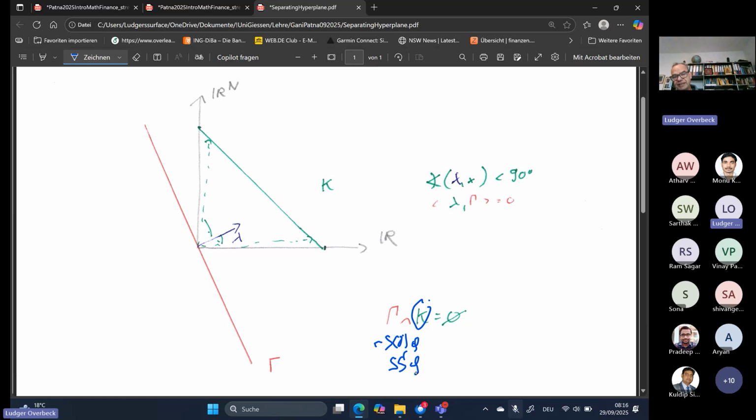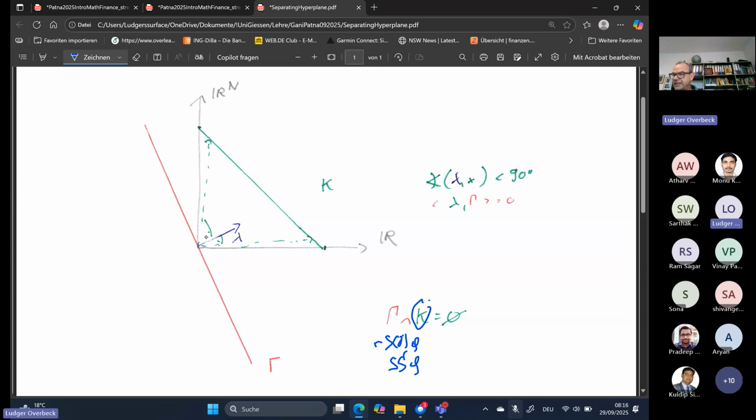And if this is empty, then you can find this lambda. Of course, in this simple picture, there are only two vectors which are orthogonal to this hyperplane.